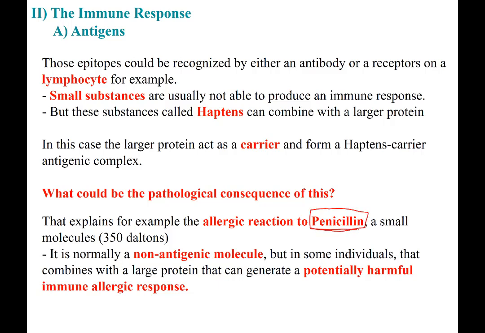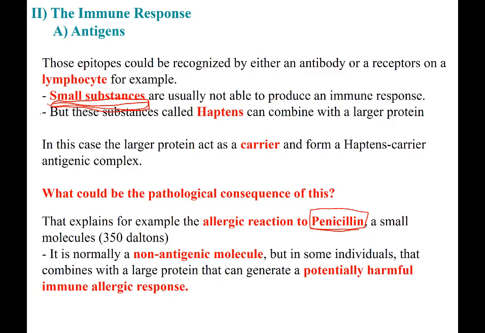Penicillin is a very small molecule. It's so small that your immune system normally can't even see it or recognize it. So you are exposed to penicillin, you have an injection of penicillin, for example, and you know penicillin is an antibiotic. It was the first antibiotic, and it's such a small molecule that you don't react to it.